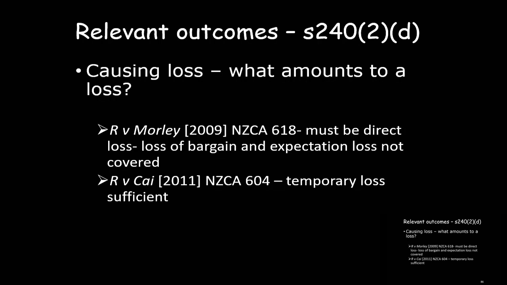And they said, even though it was a temporary loss, that is still a loss for the purposes of Section 240. Because during that period of time that money was out of the account, the victim was unable to access that money or go to the bank and demand that money. Okay, so even though it was a temporary loss, it did fall within a loss under Section 240.